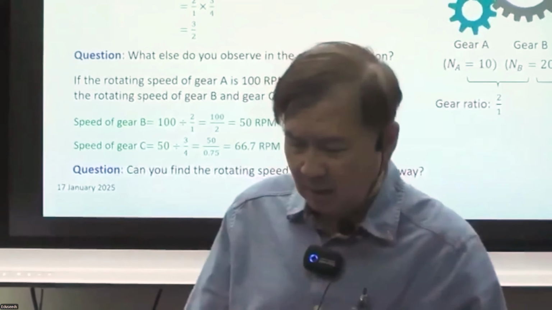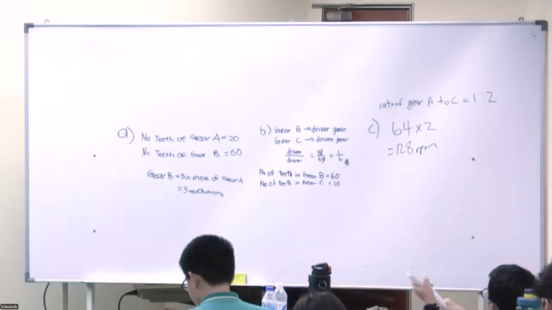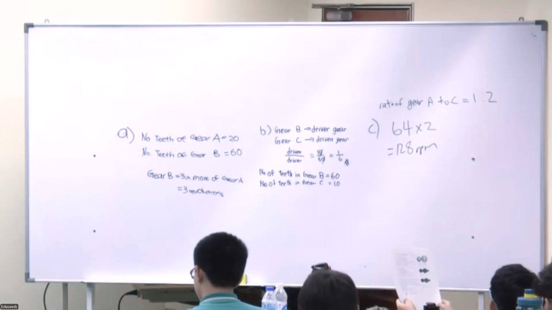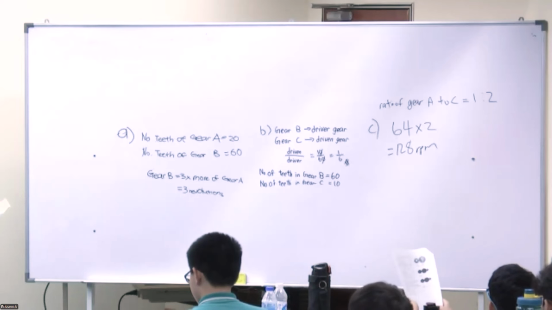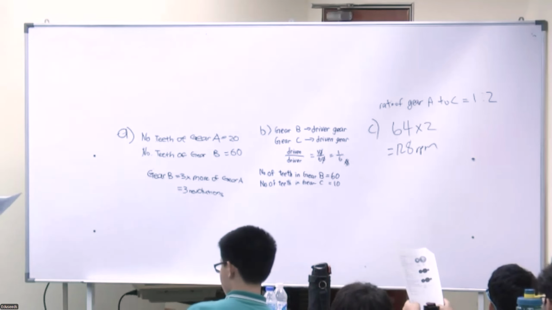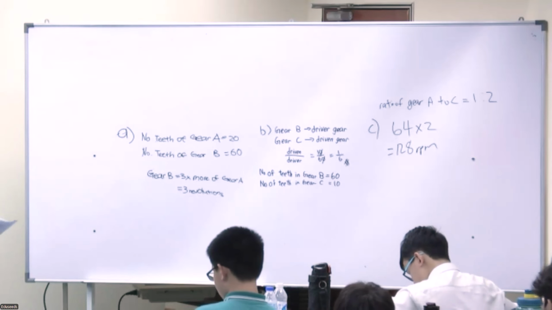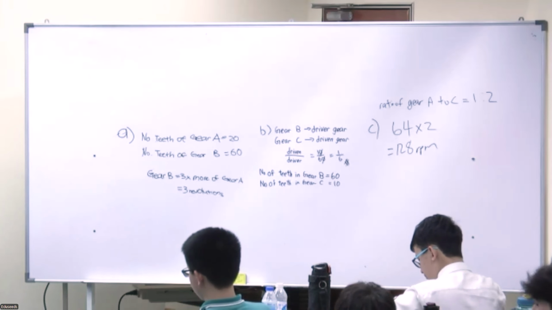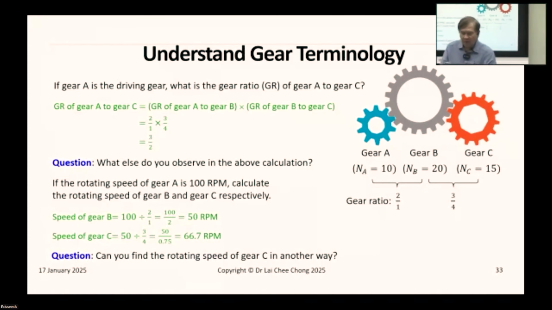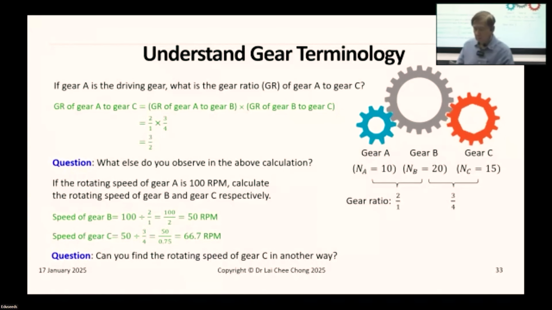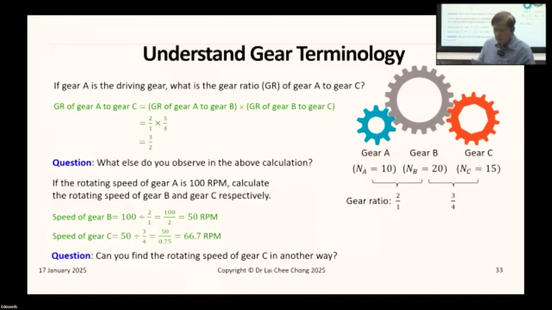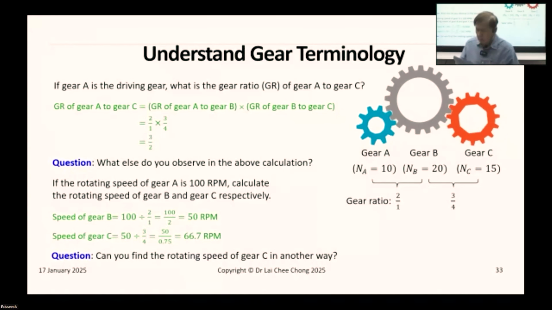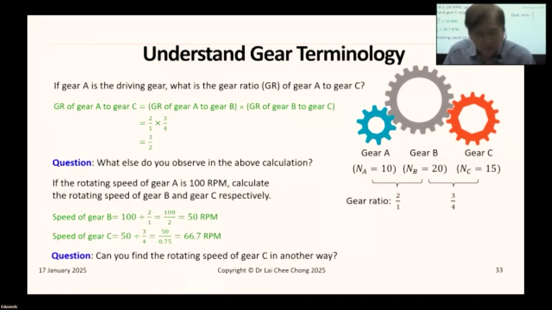You learn something. Now look at the first one. Somebody asks, when gear A makes one complete revolution, how many revolutions does gear B make? Now look at the picture here. Which gear is big, A or B? B. So when A makes one round, you think that B will make 3 rounds?